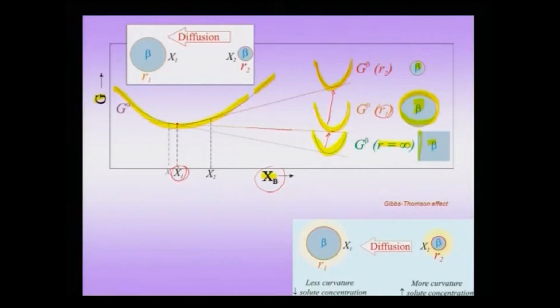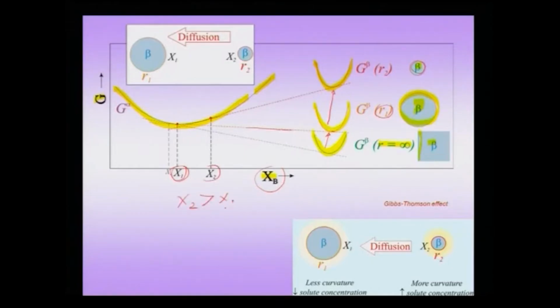Now, suppose I have a smaller particle with radius r2. If I make a common tangent construction for this smaller particle, then I would notice that the solute in equilibrium with this precipitate intersects at a point x2, and you can clearly see that x2 is larger than x1.